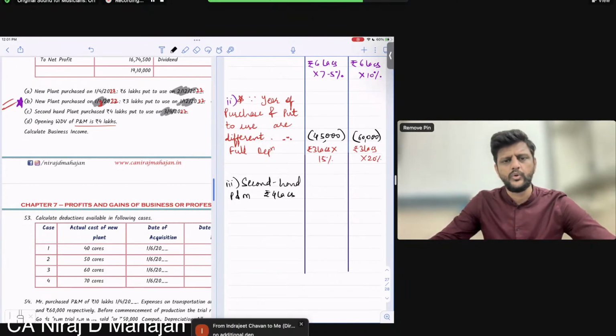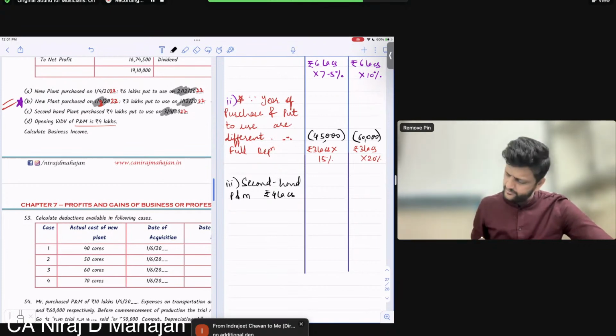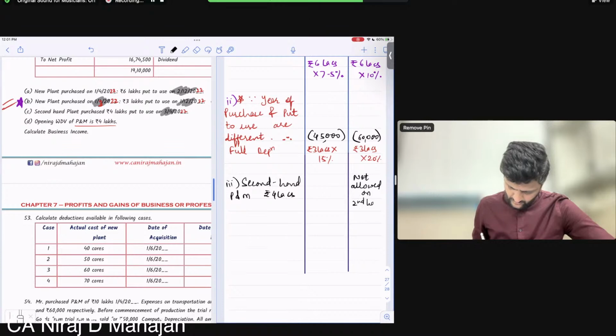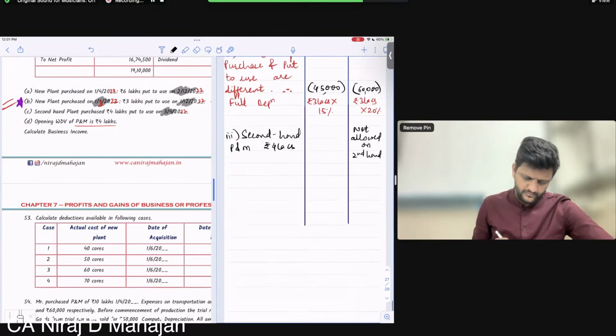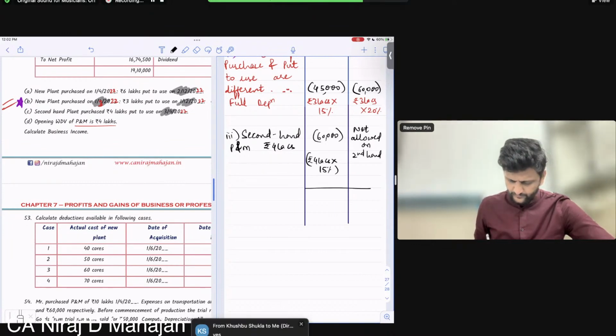So we'll give full depreciation, but we will not give additional. 60,000. Done.